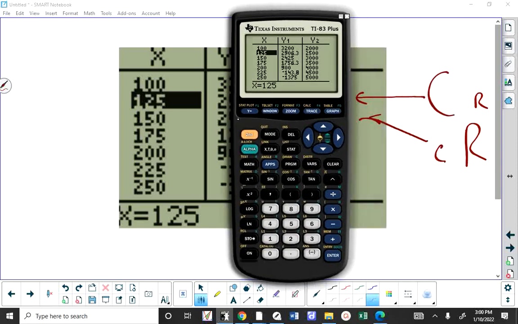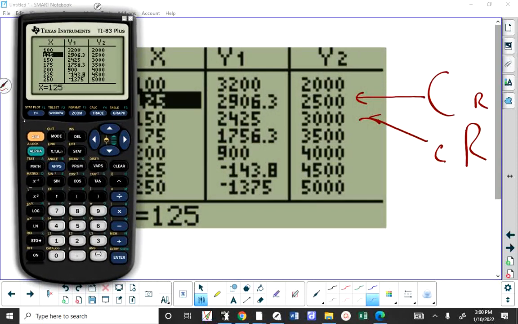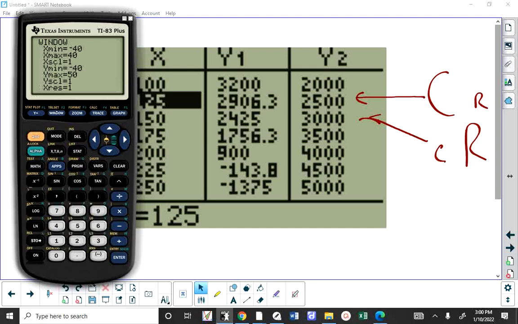That tells us we should be looking in our window settings up to about 150. It's going to intersect someplace in that domain of up to 150.